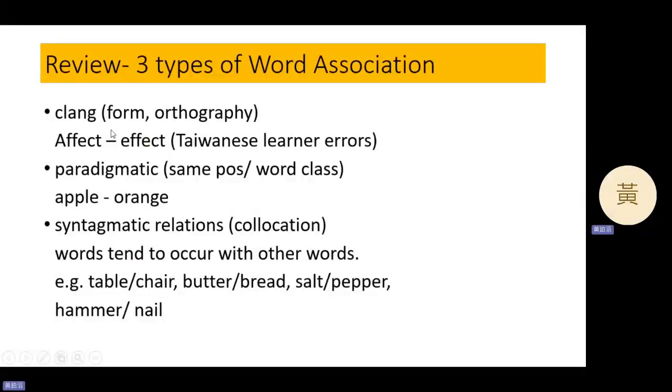Which type of error is committed by beginners? And for the more advanced learner, they will learn this first or this one? Which one? Collocation or paradigmatic? Which one will be learned first by an advanced learner?